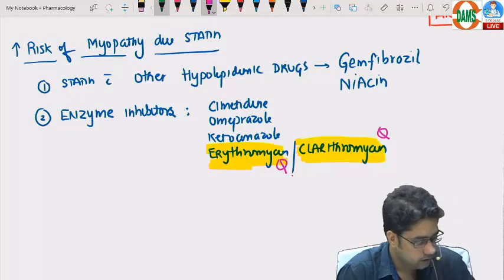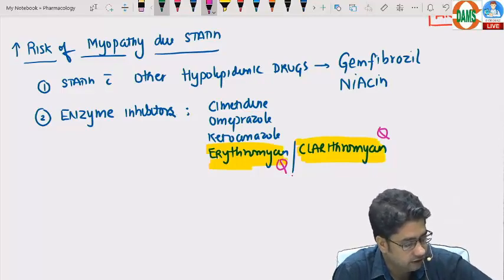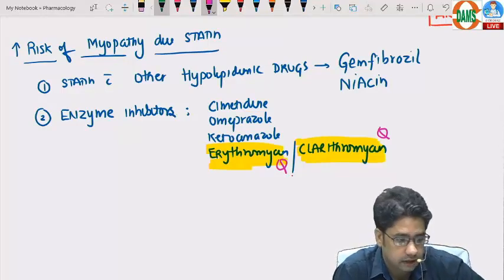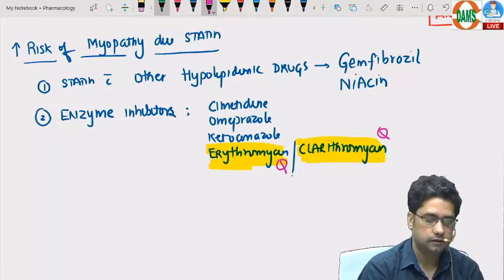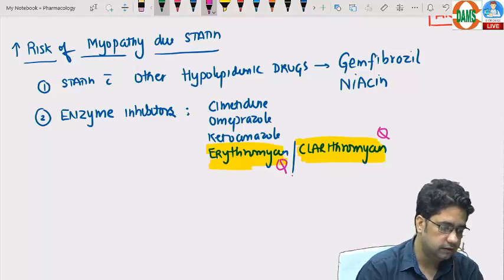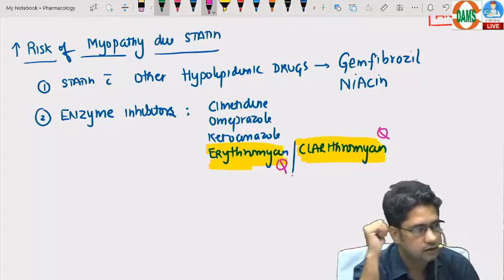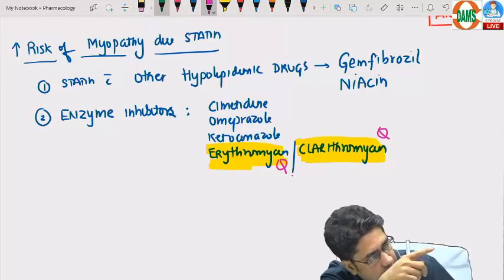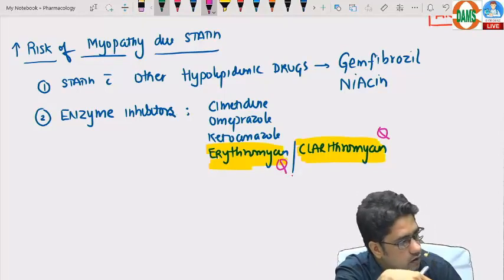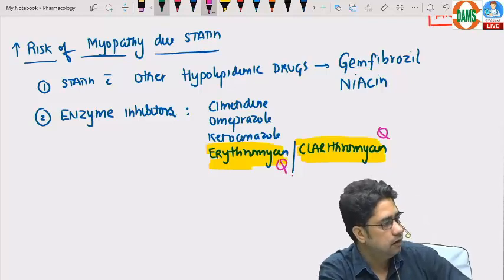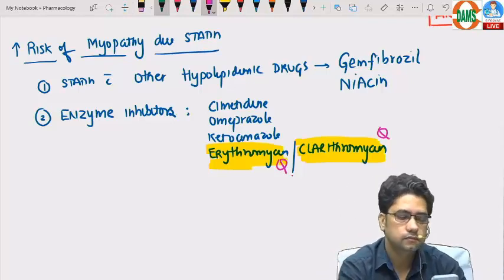Okay. Beta, these side effects are very rare, not very common. कोई बात नहीं. Black हो गया. Don't worry, आ रहा है. No problem.